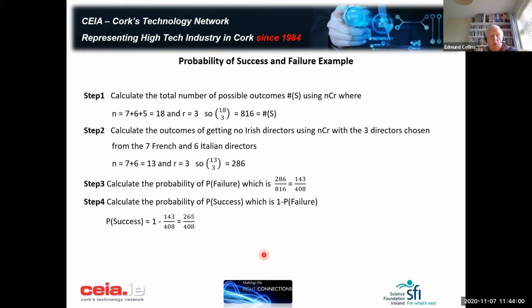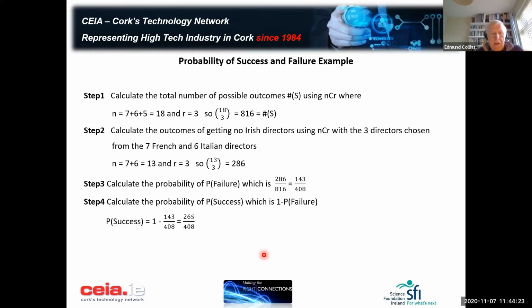Again, the number is correct from a probability point of view. A lot easier to do it this way, using the success-failure approach, than if we'd just gone for the success.